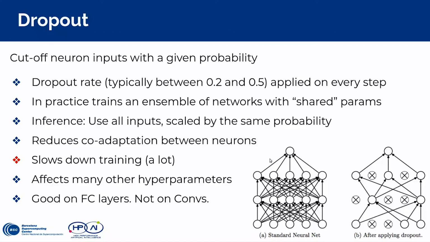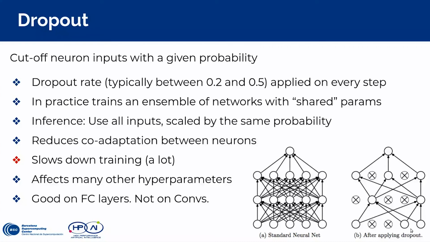So the dropout methodology, which is a regularization technique, essentially cuts out some connections randomly during training. Every time you are doing a forward and backward step, you randomly disconnect some neurons, given a probability, usually between 0.2 and 0.5.